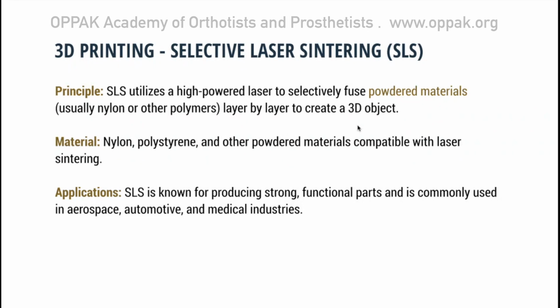The powder can be nylon, polystyrene, and other powdered material compatible with laser sintering. This is a really good technique, and the product is very strong. The functional parts are commonly used in aerospace, automotive, and medical industries. In orthotics, I have seen very good production for cranial orthosis and AFOs.